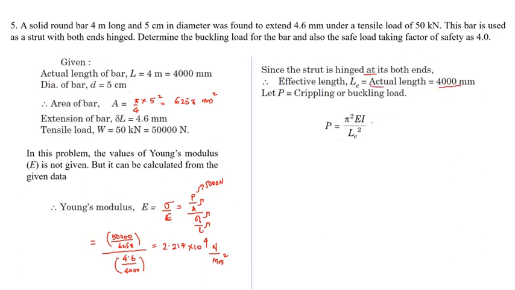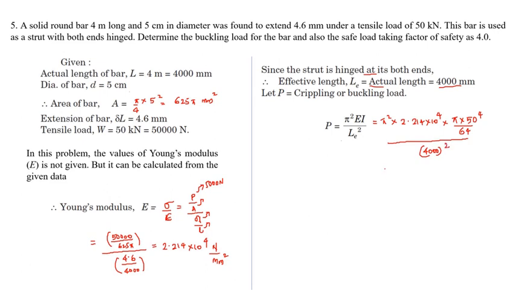So this one I can write as P equal to π square into E we have just obtained, that is 2.214 into 10 raised to 4, into I value, it is a solid circular bar, so that is π into d raised to 4, d is given as 50 mm, so 50 raised to 4 divided by 64, the whole divided by L_E, that is 4000 the whole square.